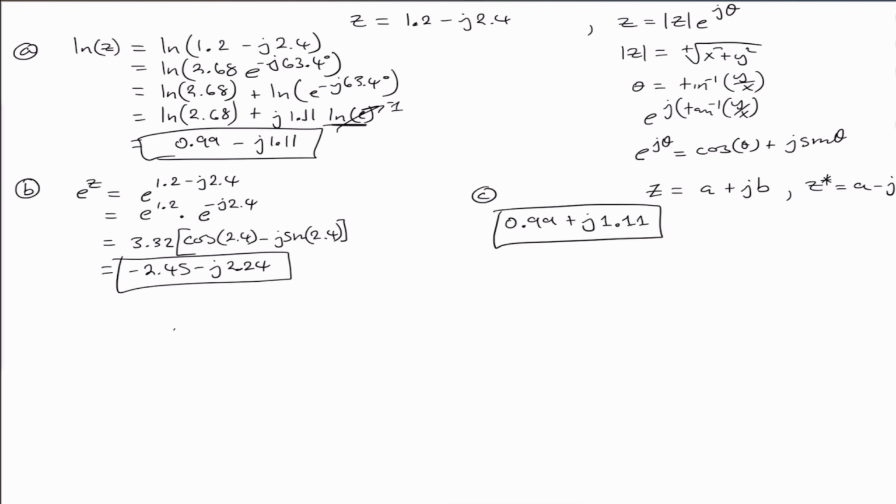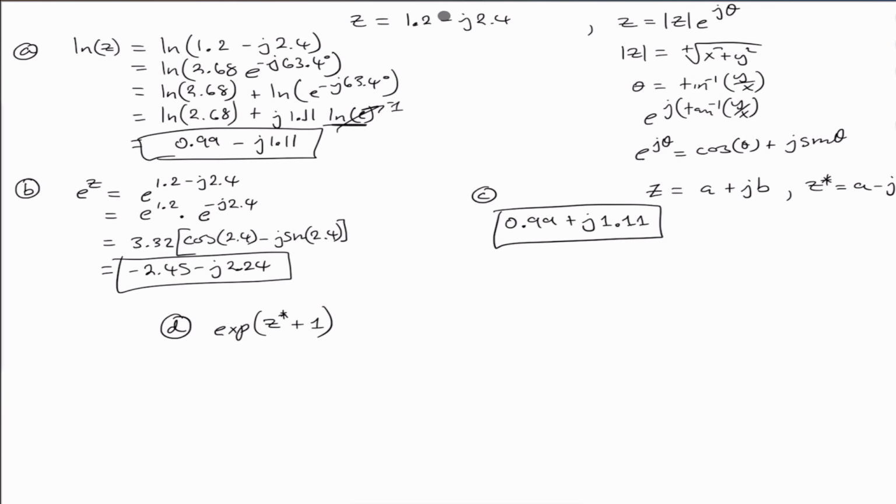And we go ahead and evaluate d, and d is the exponential of z conjugate plus 1, and we know z in this case was 1.2 minus j times 2.4.